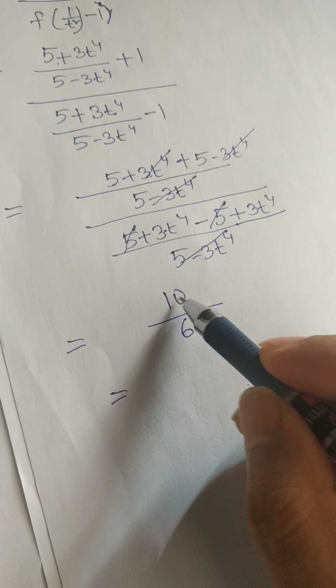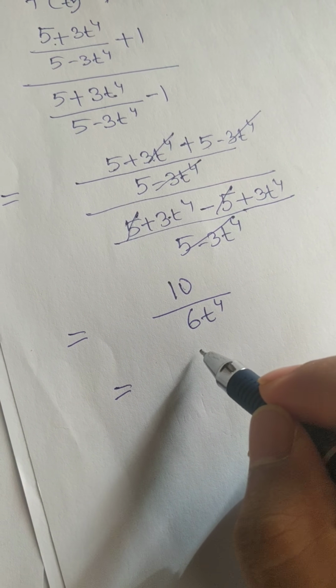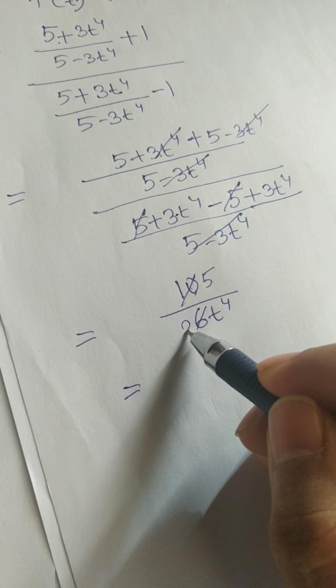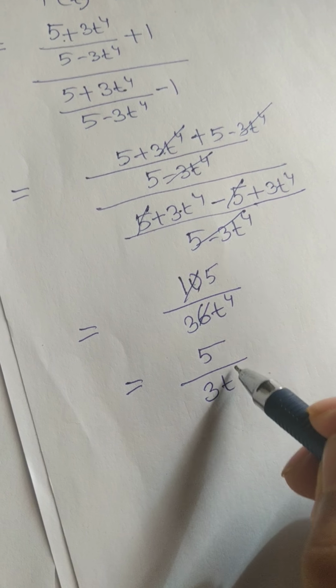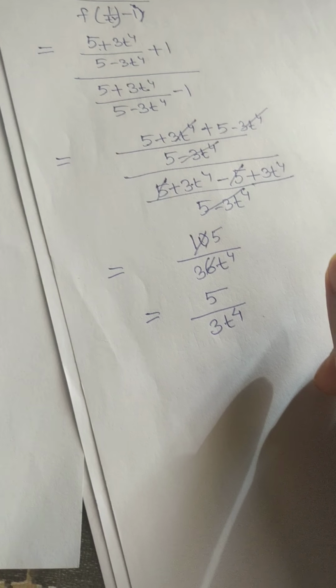So 10 divided by 6, what do we get? We can reduce it, 2 fives are 10, 2 threes are 6, so the answer is 5 by 3t4. This is my answer.